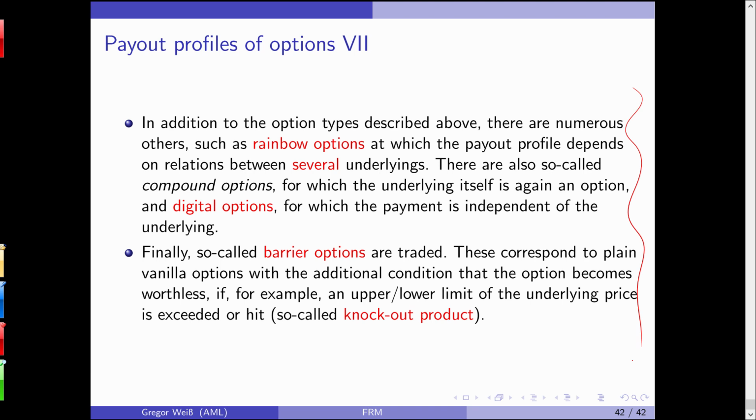We've already seen that there are fundamental differences between those option types, and we have to distinguish between plain vanilla and exotic options. And exotic options usually meaning that they have a more complicated payout profile and are usually path dependent.